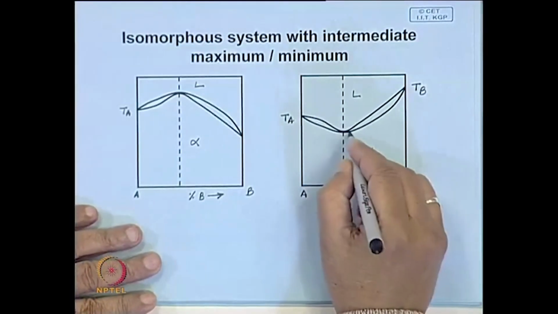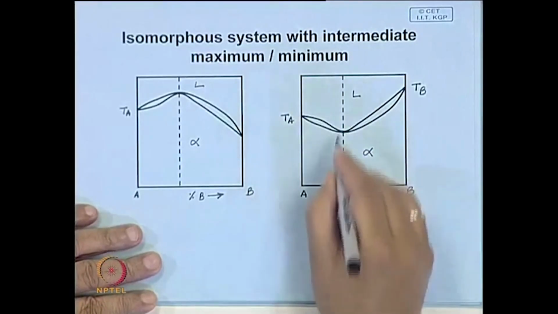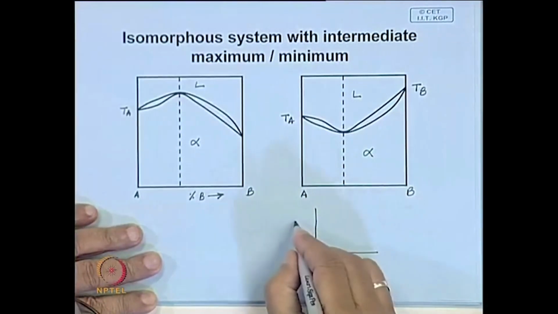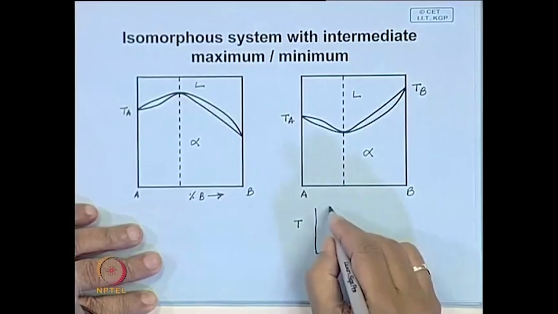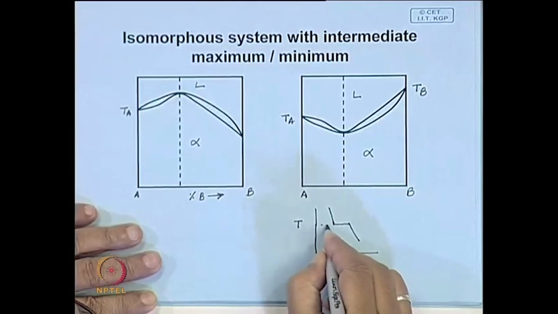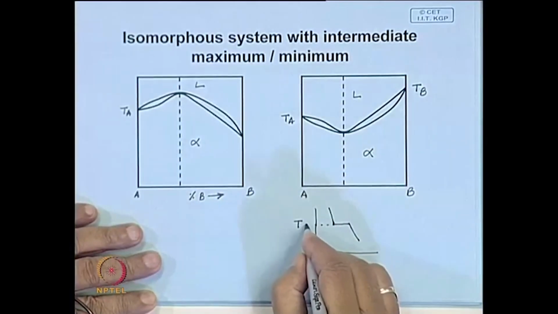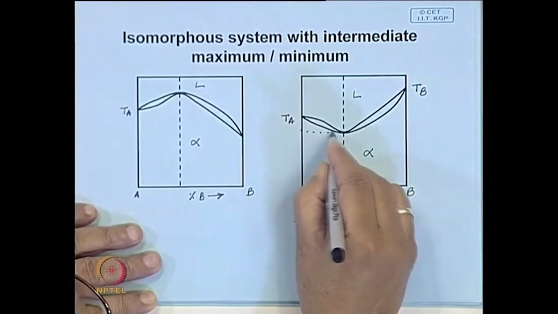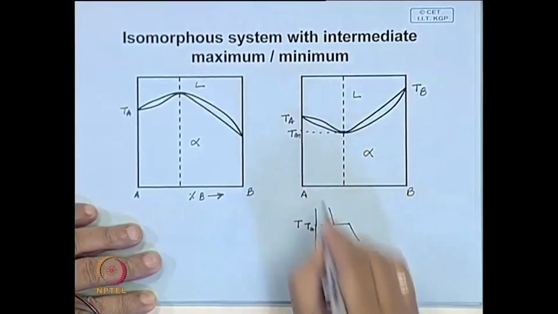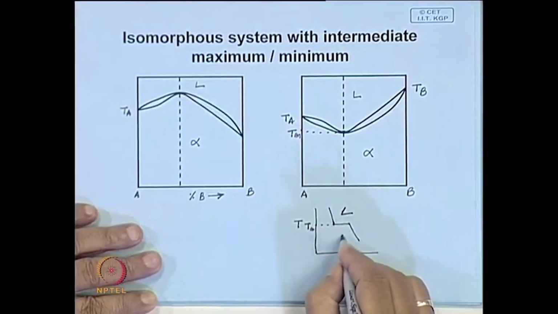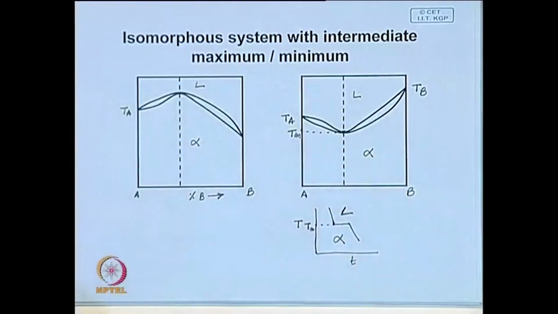If you try and plot the cooling curve of this alloy, it will be temperature versus time. Its plot will be more or less exactly similar to that of a pure metal. So, this is the melting point of this alloy, and its solidification behavior will be similar to that of a pure metal.